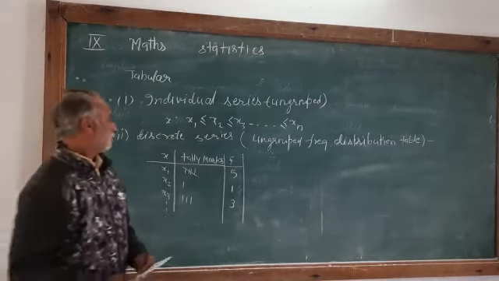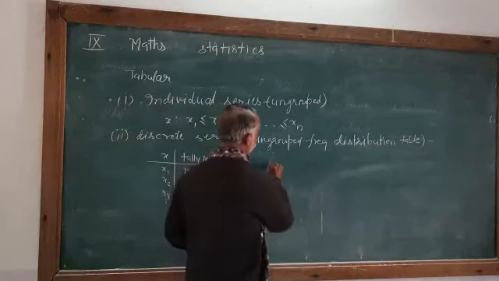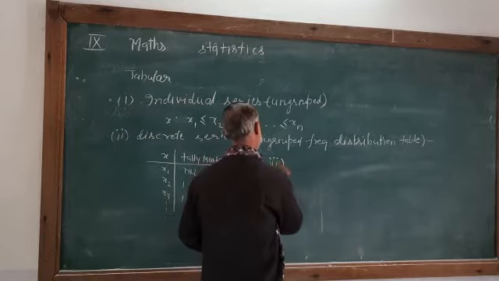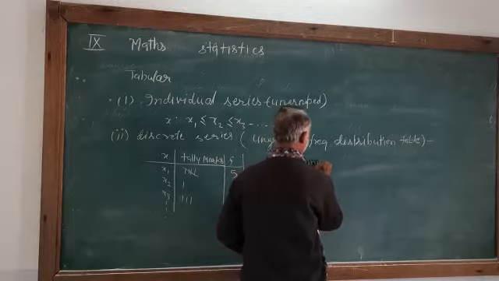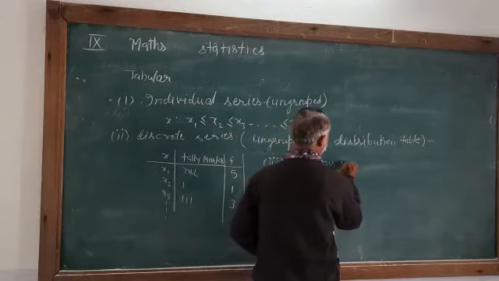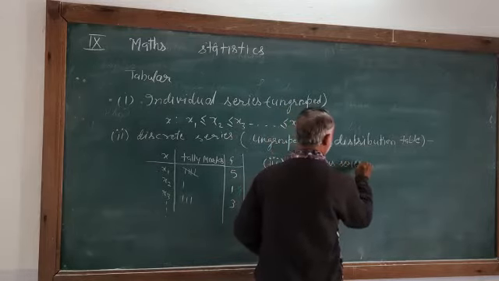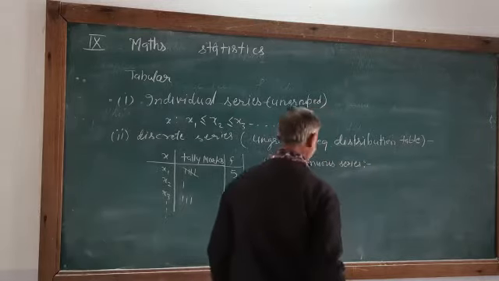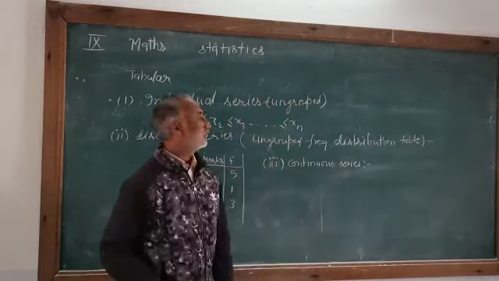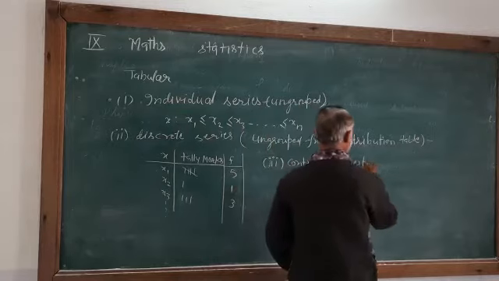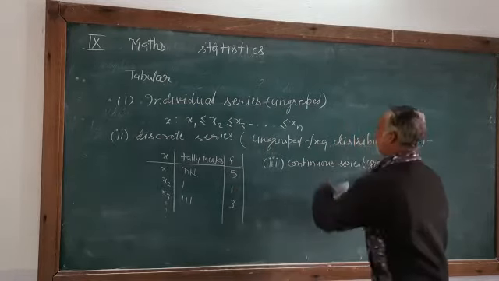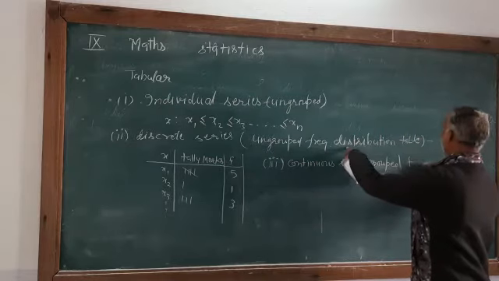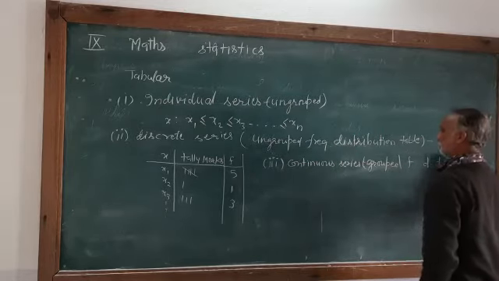Here, the third one is continuous series. This is also known as the grouped frequency distribution table.